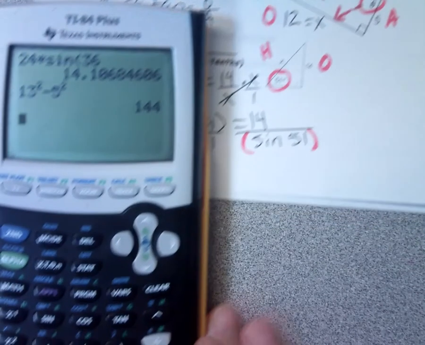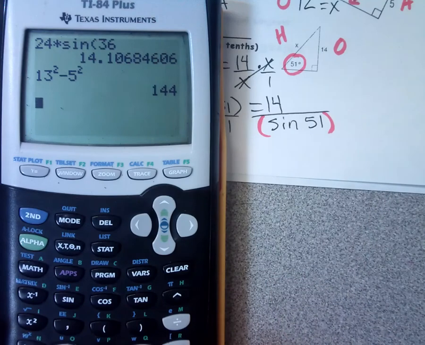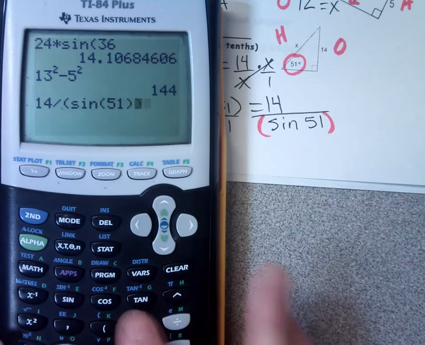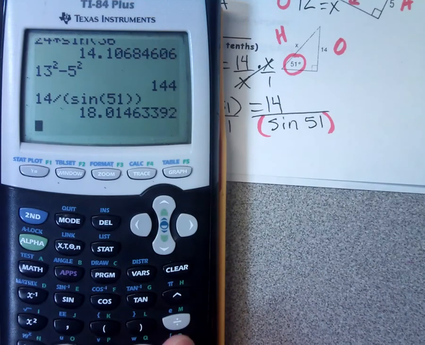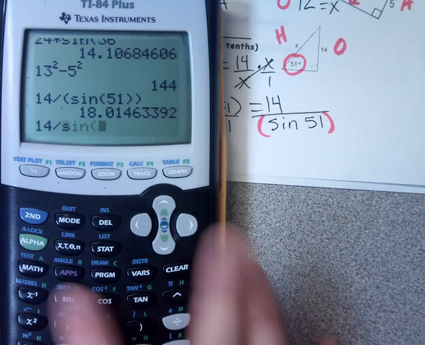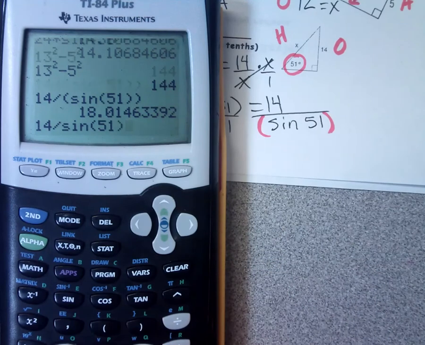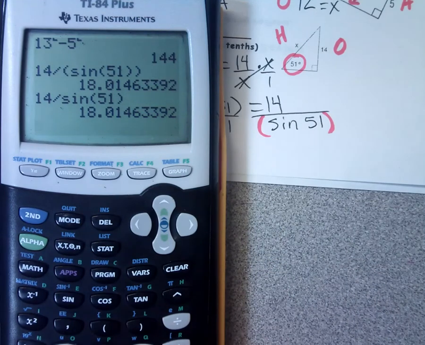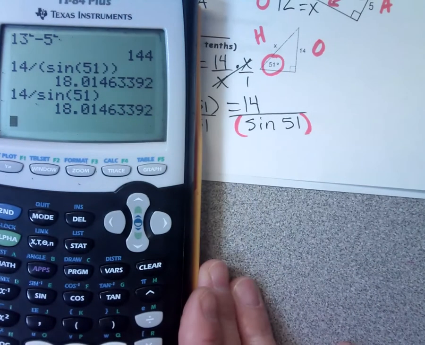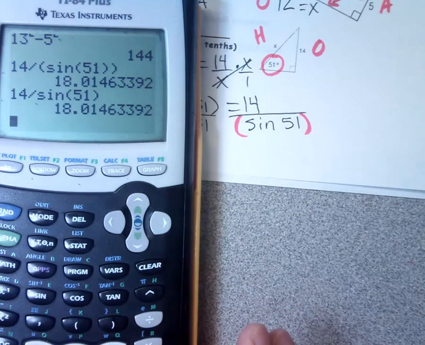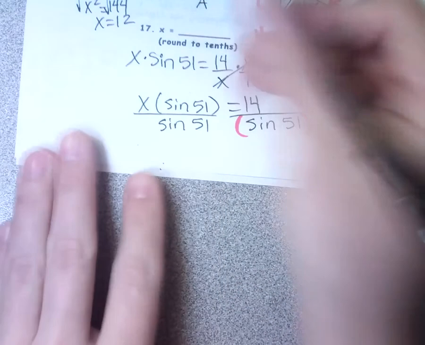So I'm going to put in 14 divided by, parenthesis, sine of 51. Let's see if I actually needed those parentheses. 14 divided by sine of 51. And I didn't. But just to be safe, sometimes it's good to know. All right, and that makes 18.0 if I round to the nearest tenths.